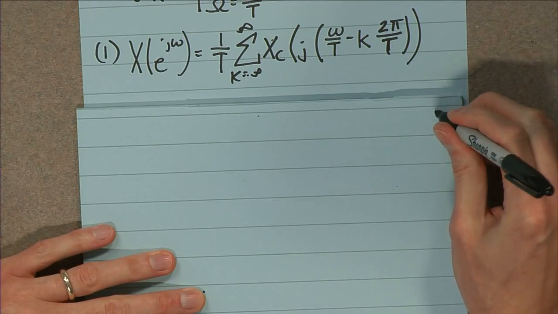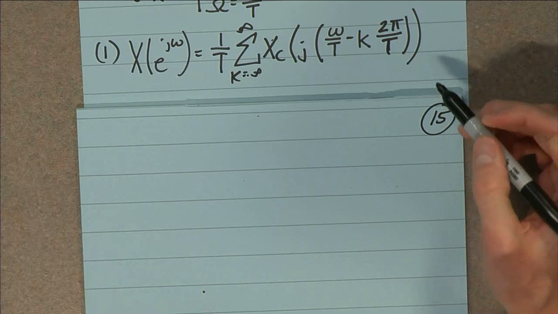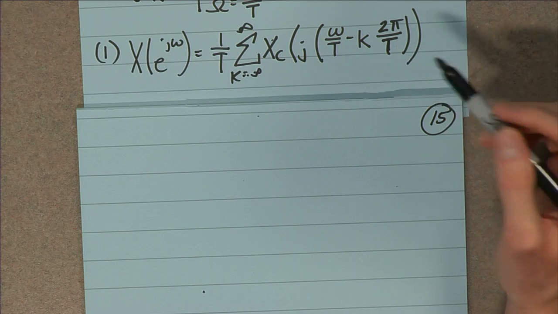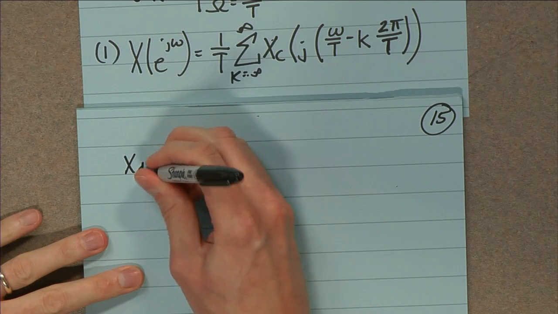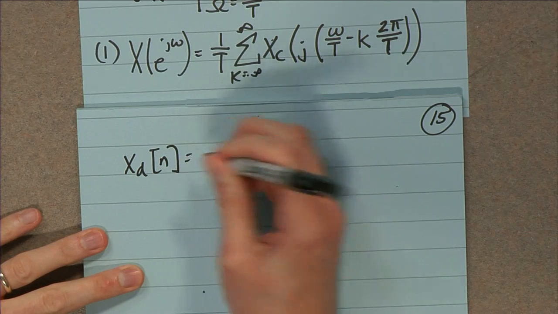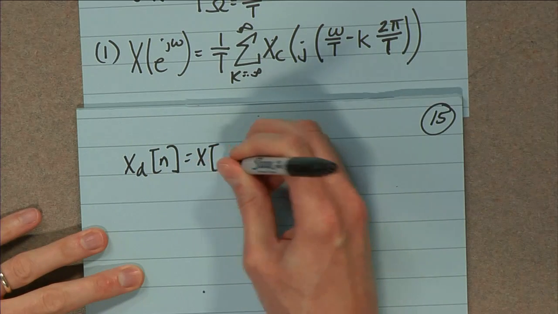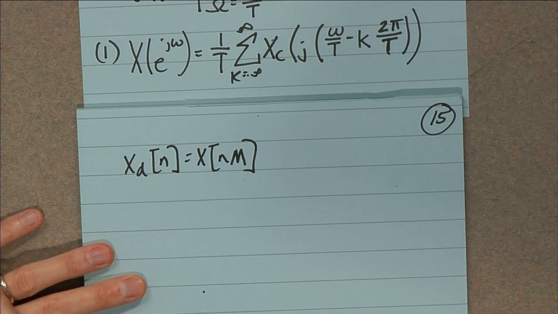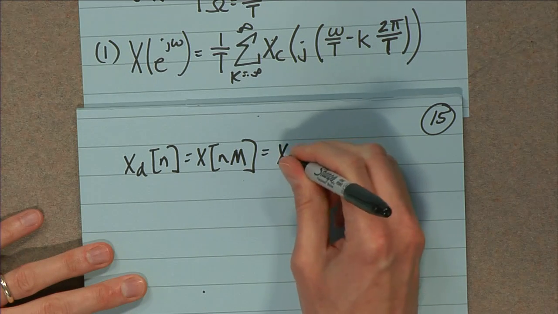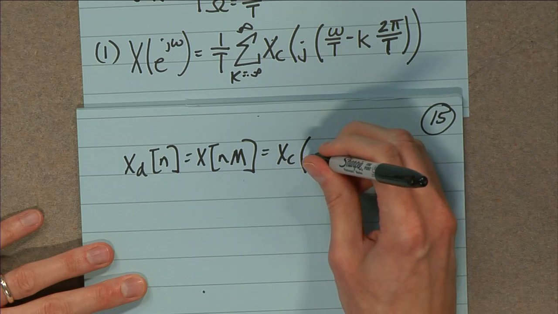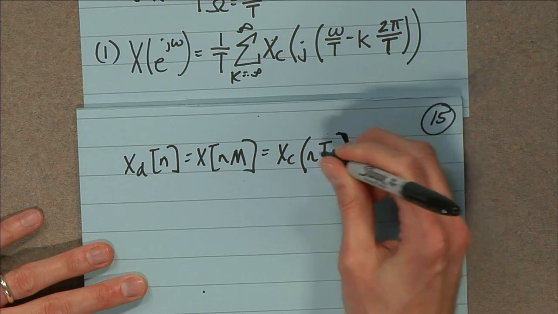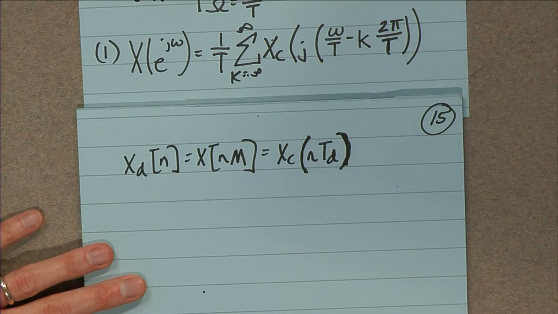So let's take a look at, if we resample this at every Mth sample, what would that look like? Well, we know that x downsampled of n is just x of n times M. The continuous time version of that is n times T downsampled. Whoops, we're in continuous time, so we'll use parentheses.